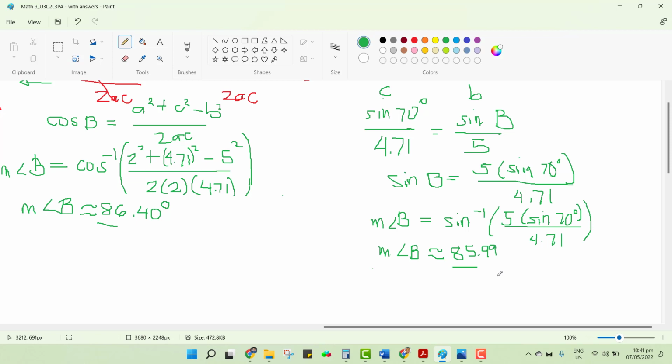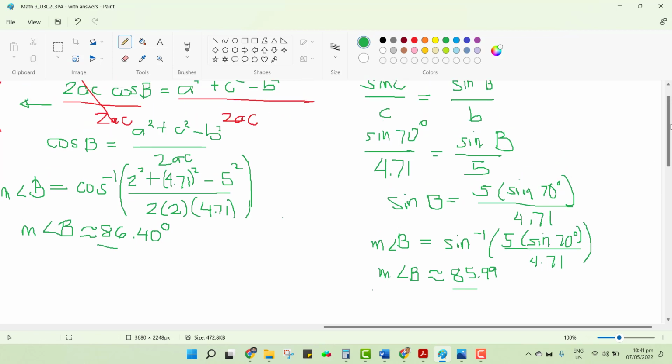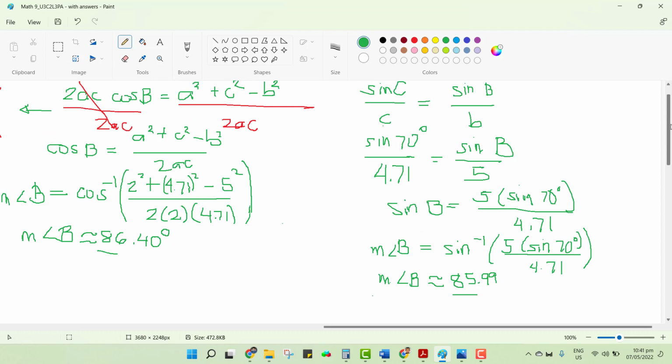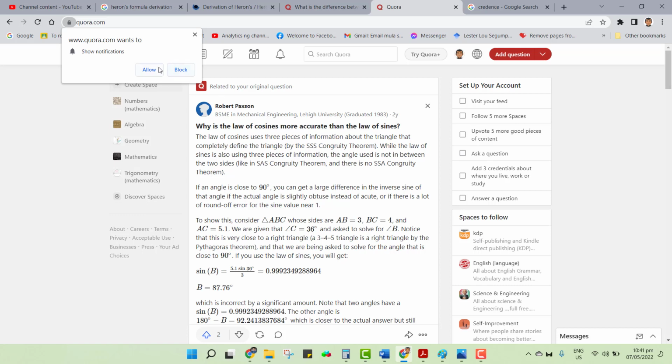Now, there is a good note that I have read on the internet. Let me share it to you here as the question: why is the law of cosines more accurate than the law of sines? This statement signifies that in the process of solving measurements of an oblique triangle, we may of course use the law of sines if the given has a specific pair of a given interior angle and an opposite side.